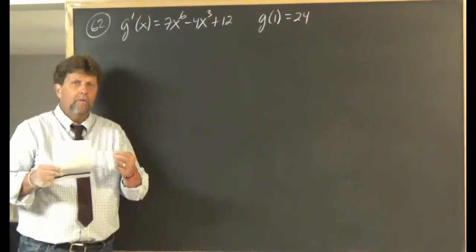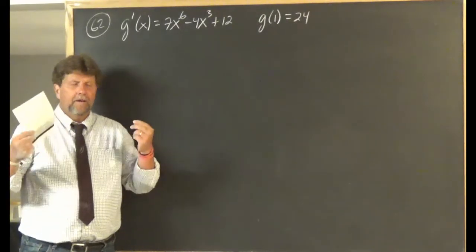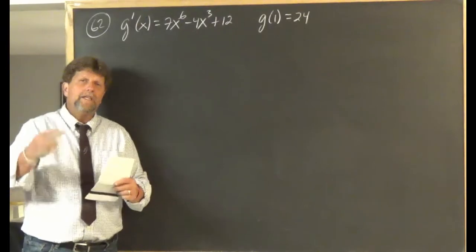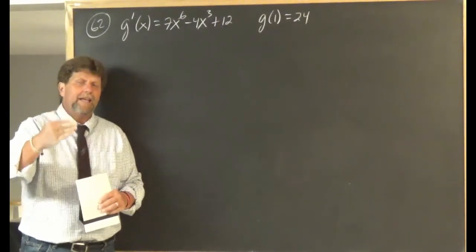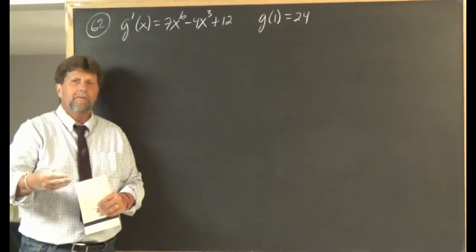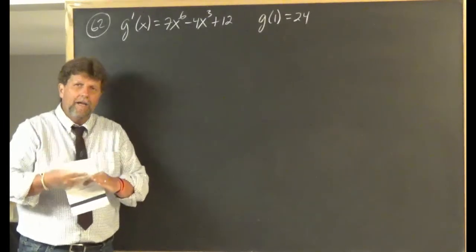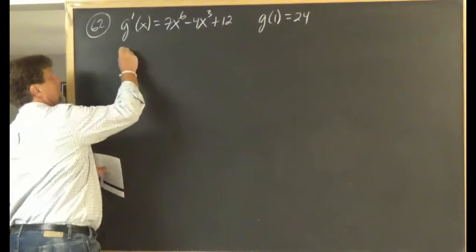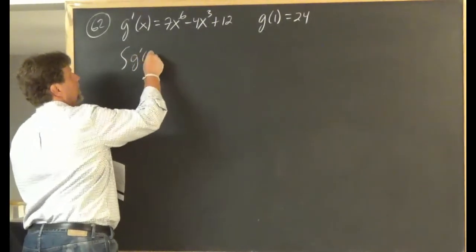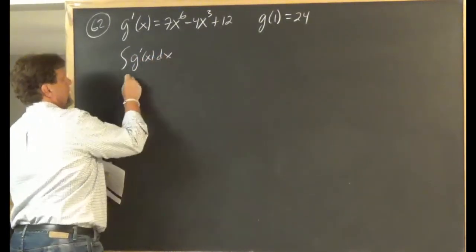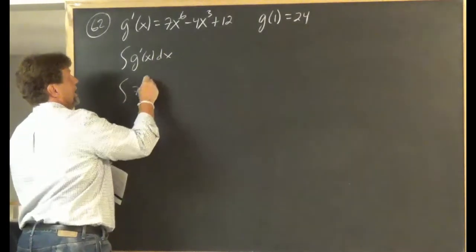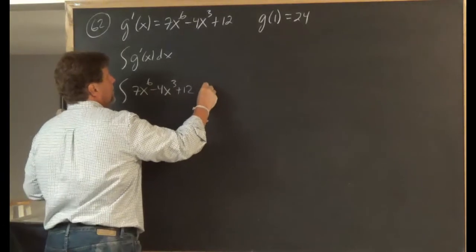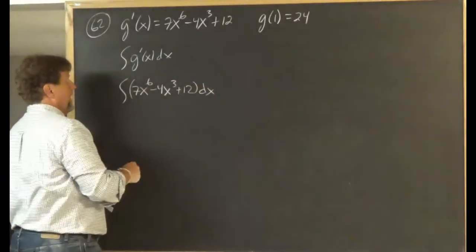But we do start off by integrating. In general, you're going to get g of x by integrating g prime of x. To undo the derivative, you have to integrate. So we have to integrate 7x to the 6th minus 4x cubed plus 12 with respect to x.